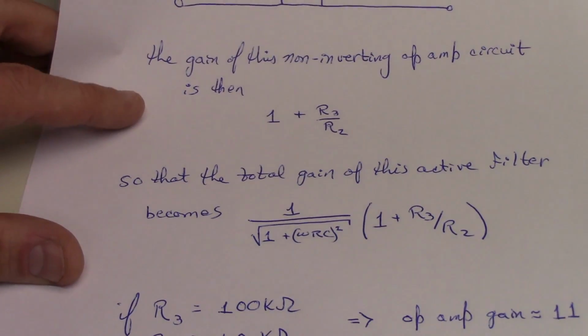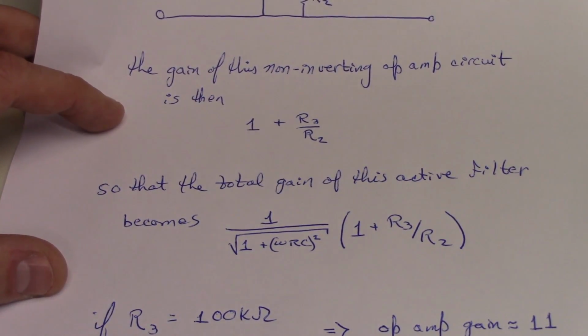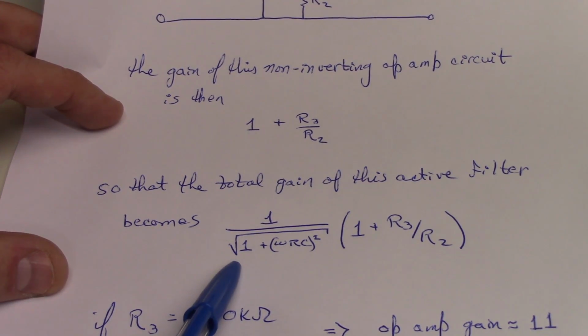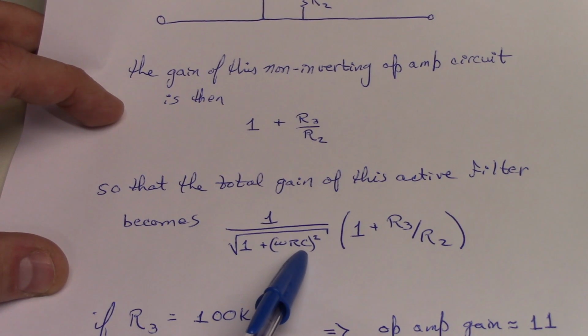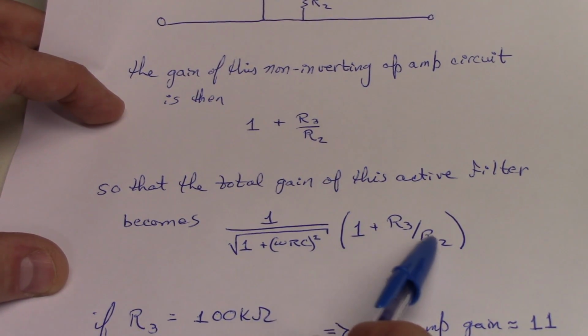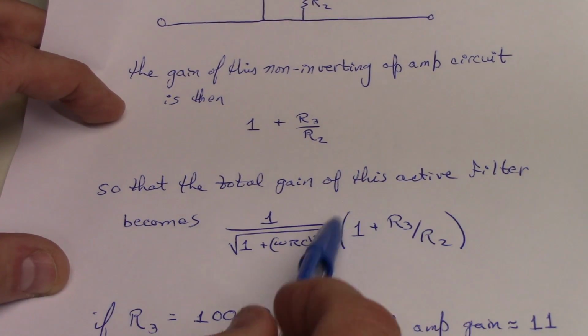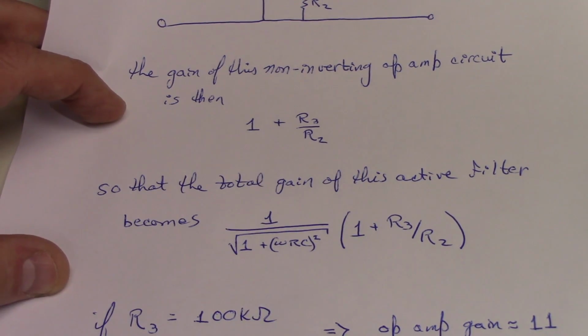And if we do that, we can then see that we have this gain that becomes 1 over 1 plus omega squared R squared C squared times the quantity of 1 plus R3 over R2. So if we make this operational amplifier a high gain circuit, then we can really increase the total output of the circuit.